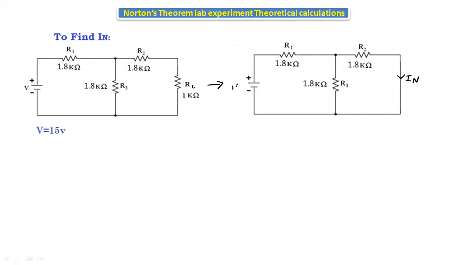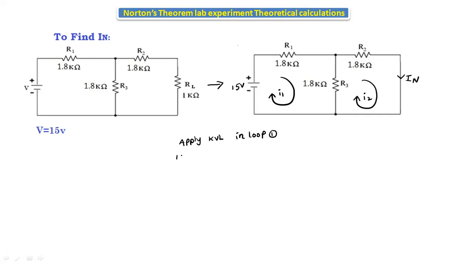If we apply 15 volts here, assume that I1 current is flowing in this loop, and here also we are applying mesh analysis, I2 current is flowing. Apply KVL in loop 1.